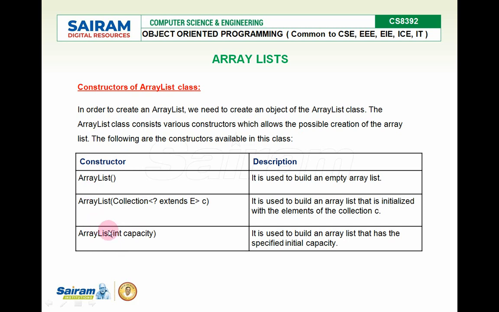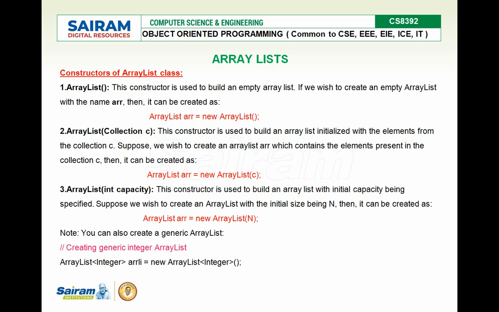As I said already, an empty array object is created, or it is initialized from the collection, and n is the size of the array that has to be identified in the constructor.